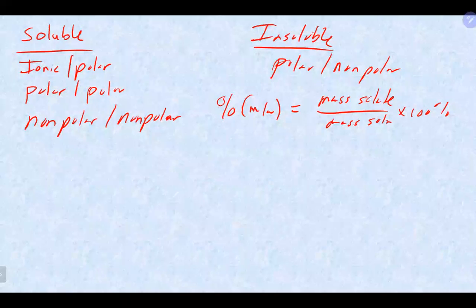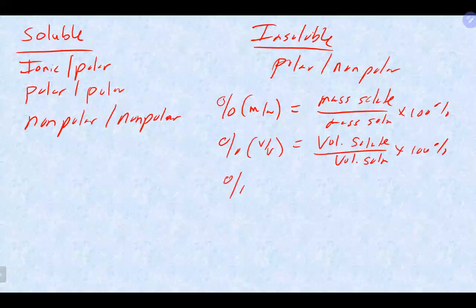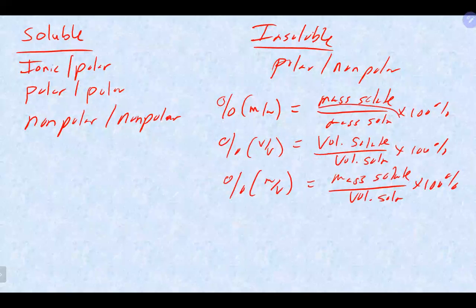We also had percent volume to volume, which is the volume of solute divided by the volume of solution times 100%. And there was also percent mass to volume, which is the mass of the solute over the volume of solution times 100%. Remember, out of all these, percent mass to mass is really important.